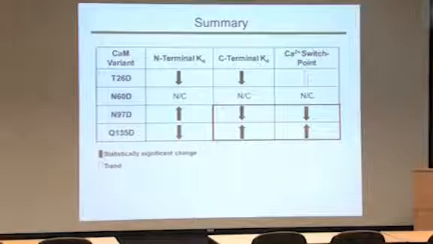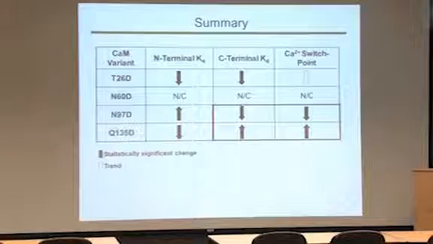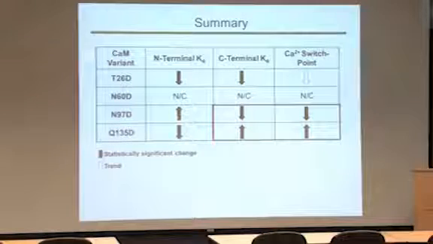So in summary, we modified the calcium affinity of the N-terminal hand and the C-terminal. One mutation in the N-terminal decreased the KD, or increased the affinity, for both. It decreased the calcium switch point, except this was not statistically significant, and we couldn't distinguish which EF hand was causing this. The C-terminal mutants were a little bit more informative.